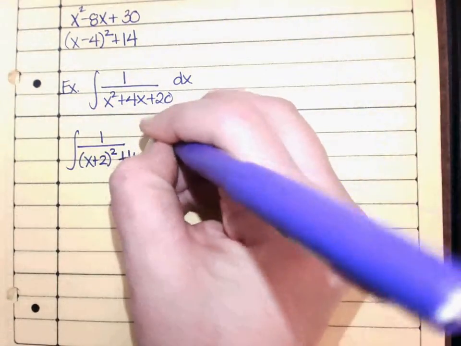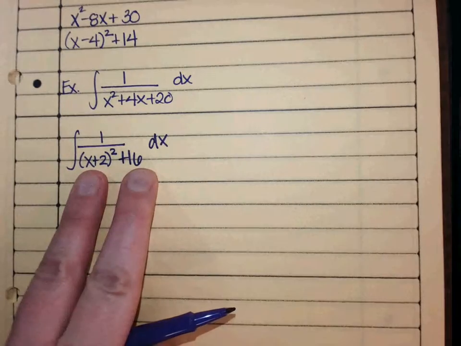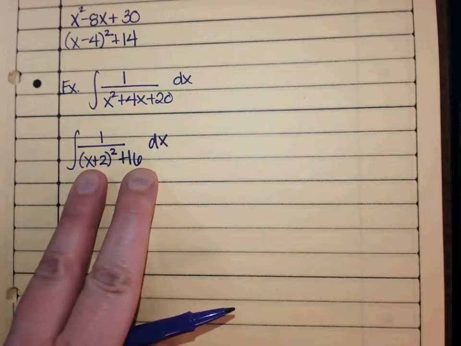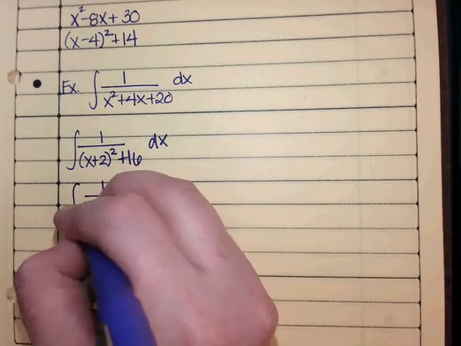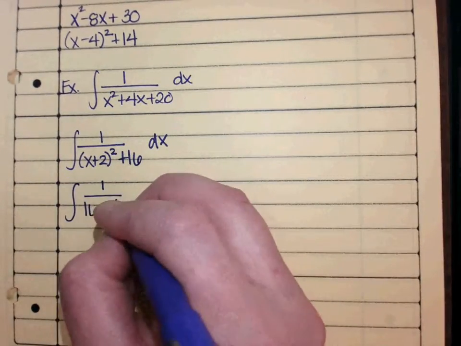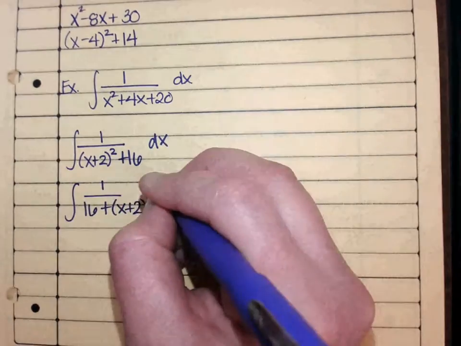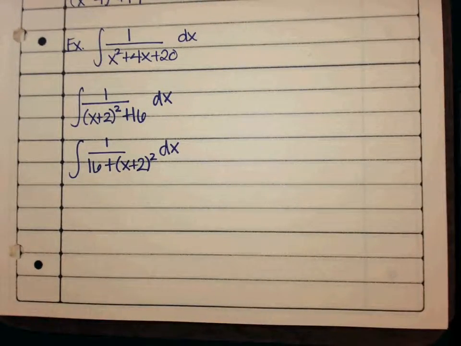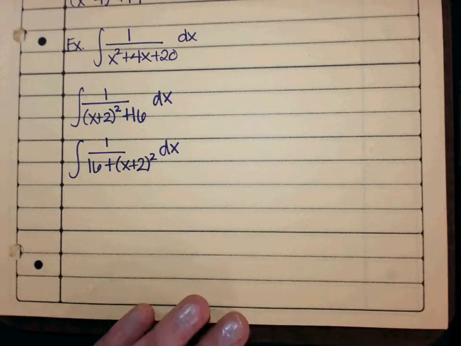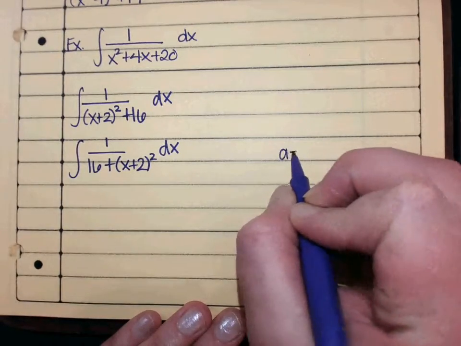My next step is that I'm going to reverse these terms so that they look exactly like what we just did. So I'm going to have 1 over 16 gets to come first. X plus 2 has to come second. Okay, do you see how that's now an inverse tan problem? Okay, what is my a going to be if a squared is 16? Okay, good. A is going to be 4.